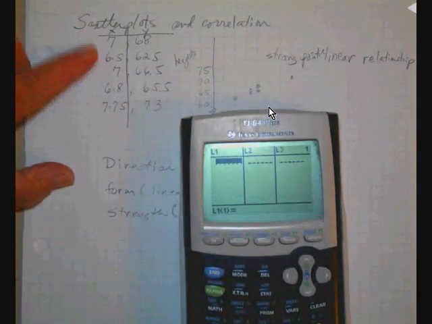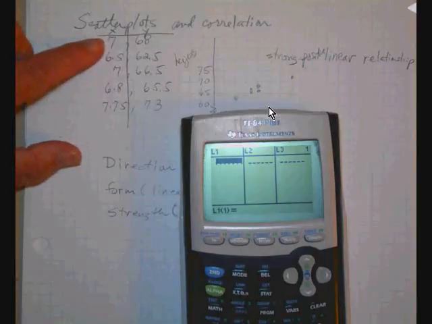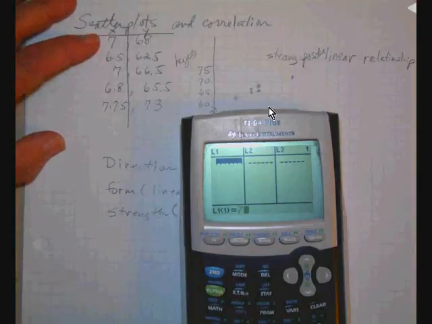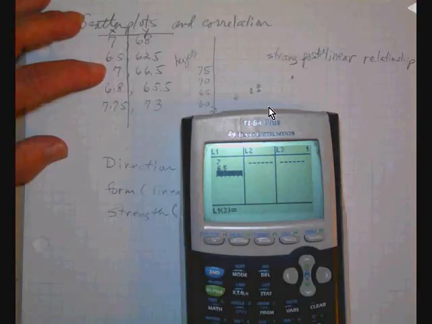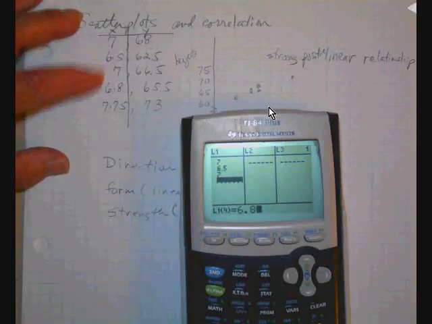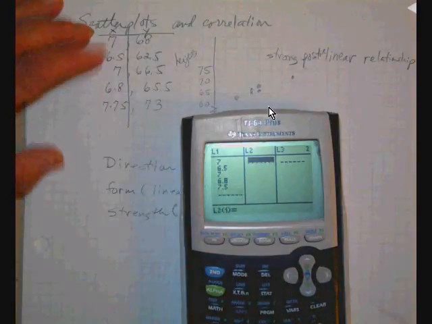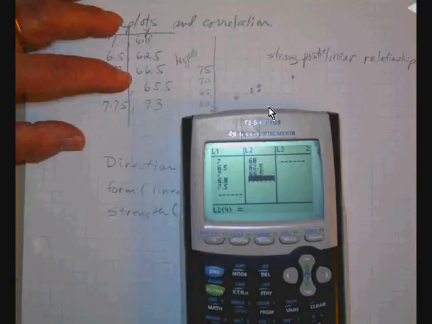Now, I will enter the 5 numbers over here. I'll put these in list 1. The default is list 1 for the explanatory, list 2 for the response. So it means I don't have to enter quite as much when I run particular things. 7.75 and 68, 62.5, 66.5, 65.5, 73.